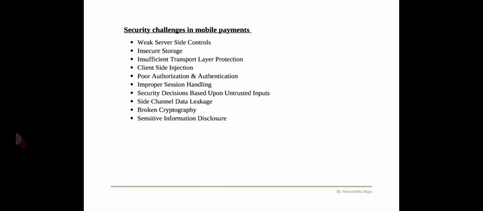And the next one is insufficient transport layer protection. Insufficient protection of data in transit starts from the transport security of channels like NFC used for contactless mobile payments, as well as client-to-server channels like SSL used for provisioning the mobile application and transporting cardholders' data.